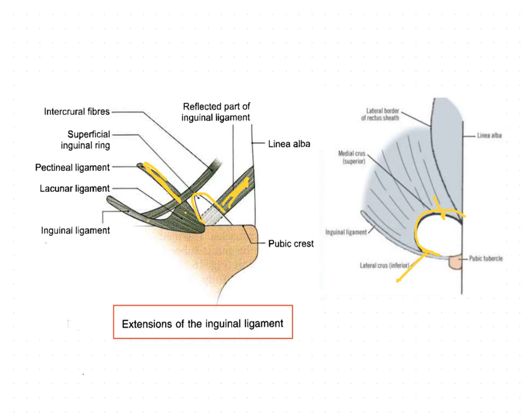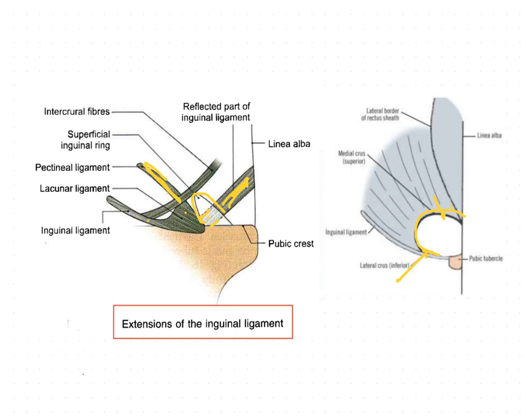Here you can see these dotted lines. This one is the medial crus and the lateral crus, and these fibers run upwards and medially from the lateral crus of the superficial inguinal ring. It lies behind the superficial inguinal ring and in front of the conjoined tendon.